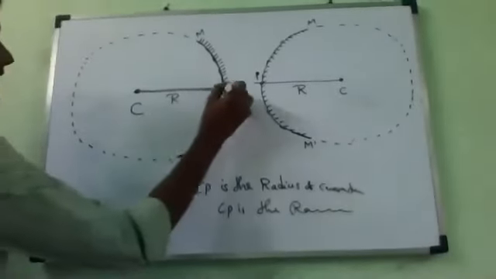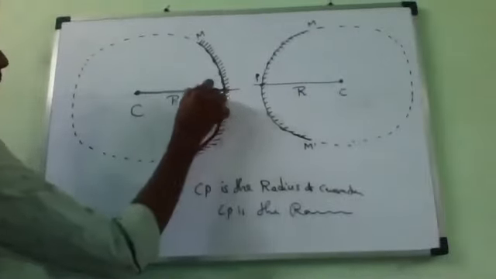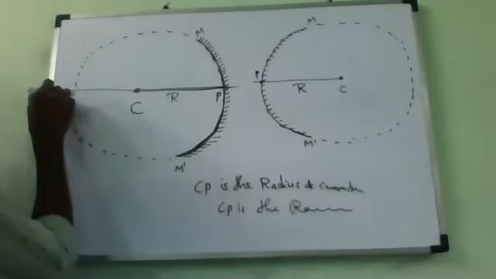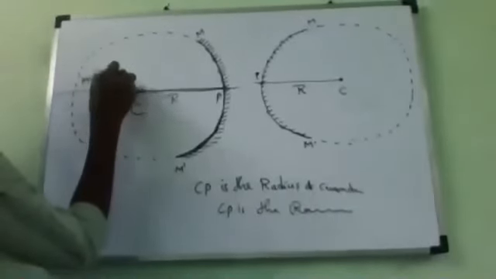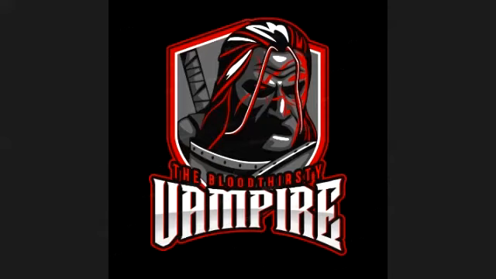So if you pass the line which is passing through the pole and the center of curvature, then that is only called as principal axis. What we should call? Principal axis.